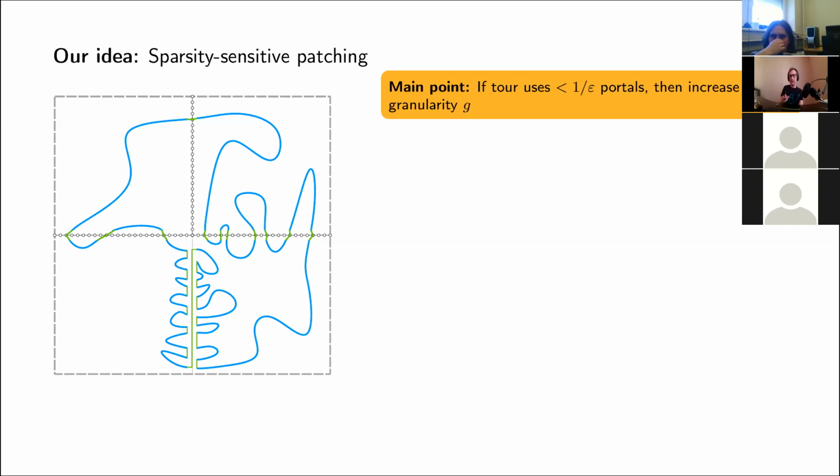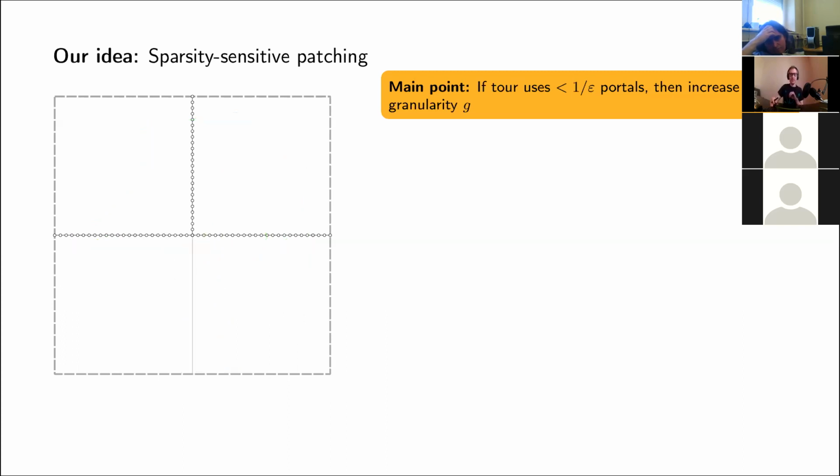What our idea is, is to have some smooth trade-off between them. We are not putting the maximum number of portals or the smallest number of portals. We have a smooth trade-off between them. So in some situations we will put fewer portals. We will put even fewer portals if the tour is crossing a lot, and if the tour is crossing it more than 1/epsilon times, we can also buy the whole line.